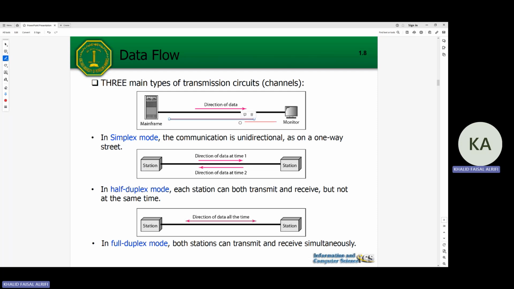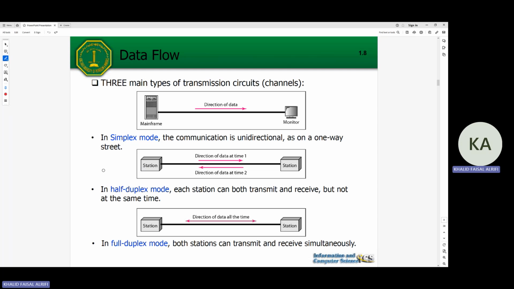It can't go from right to left, just from left to right. An example is a monitor. The monitor cannot give data back to the PC, but the PC can give information to the monitor to let it show or display something. This is the first type of transmission circuit, simplex mode.